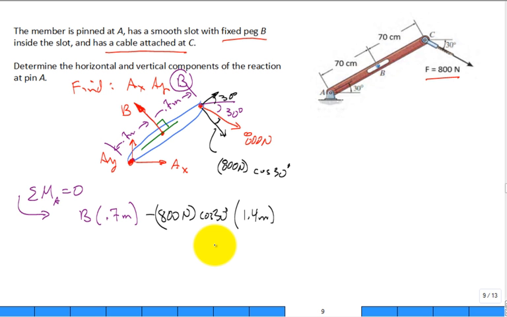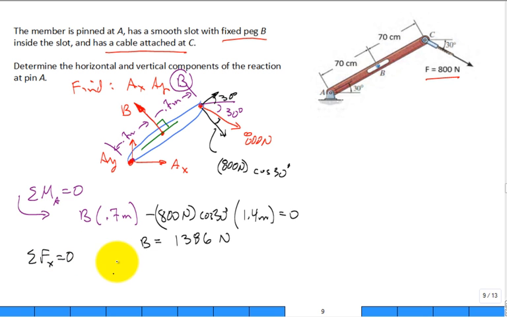All right, did I leave anything off? The sum of the moments is equal to 0, then we solve for B. B is 1386 Newton.